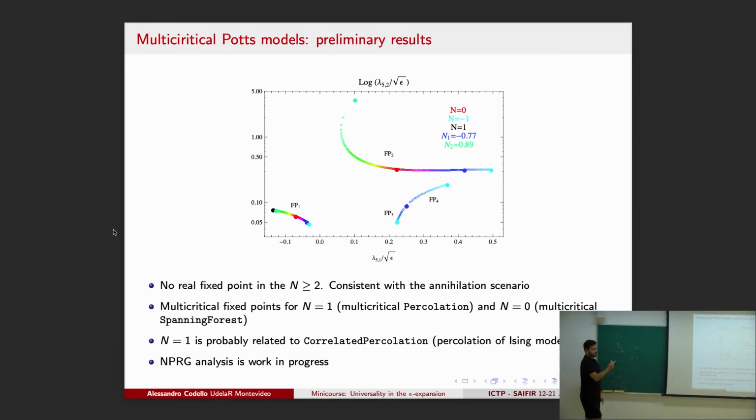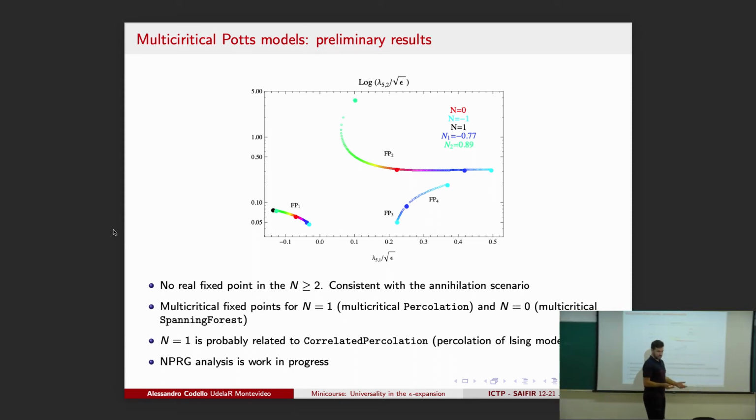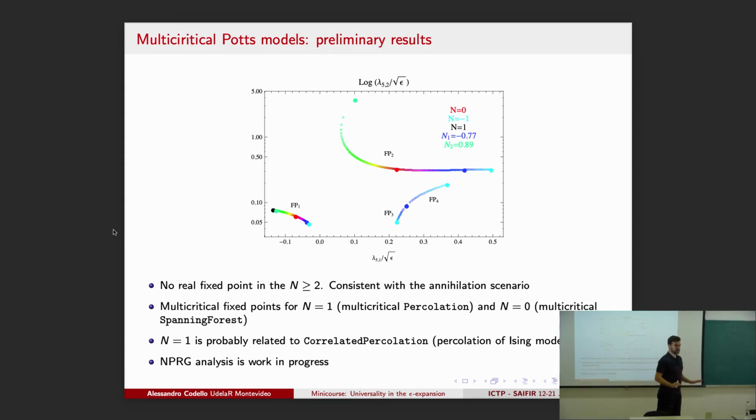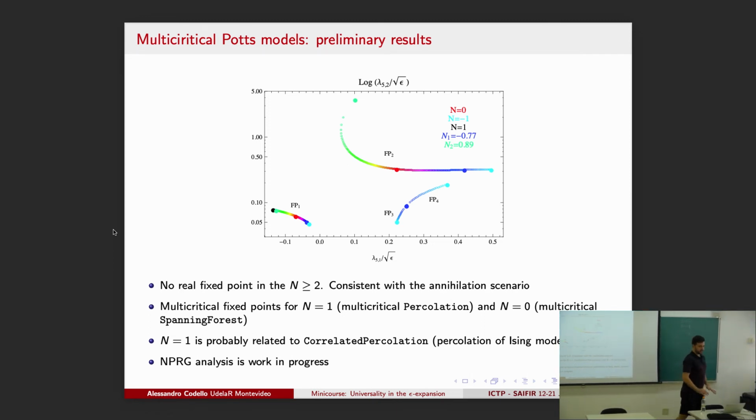Because now that we have more fixed points with multiple components, there is a new non-perturbative phenomenon. This is something that the epsilon expansion cannot do, and you really need other methods, and these are really complicated problems. Sometimes a theory becomes first order because a fixed point and one with a higher multicriticality, for an obvious reason, the flow comes out from one, they merge and become a complex pair of conjugate points, and so they disappear.